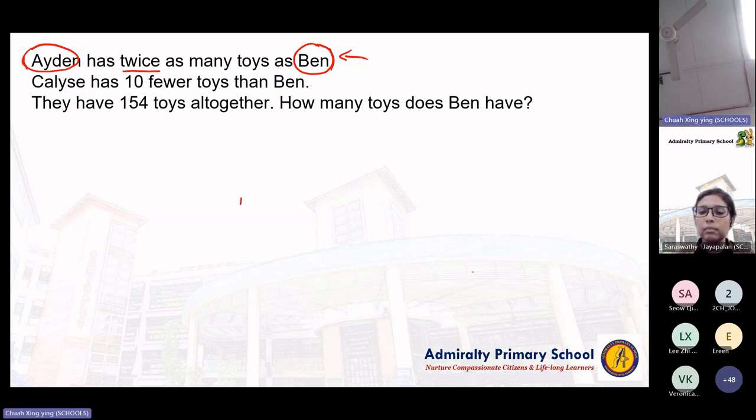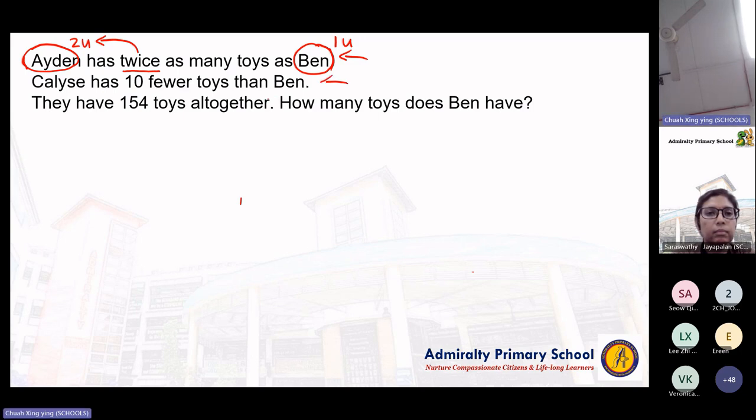What does it mean by Aiden has twice as many toys as Ben? It means that when Ben has 1 unit, Aiden would have 2 units. In class, we will always get our children to annotate so that they are aware of what the words or phrases are trying to tell them.